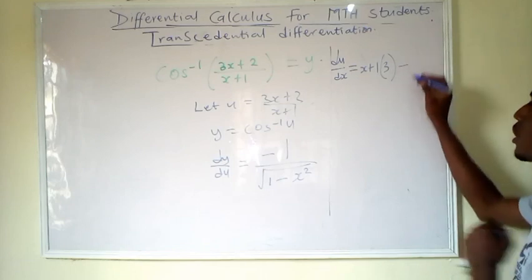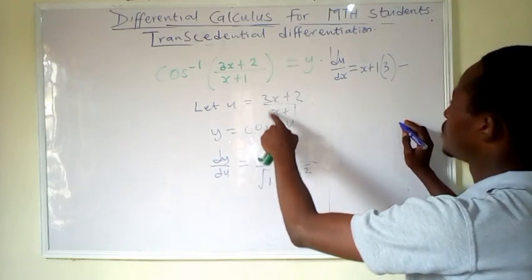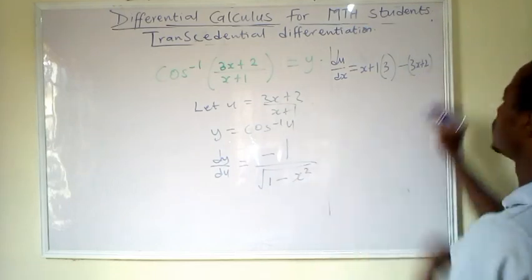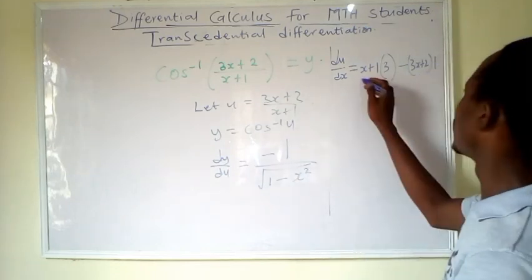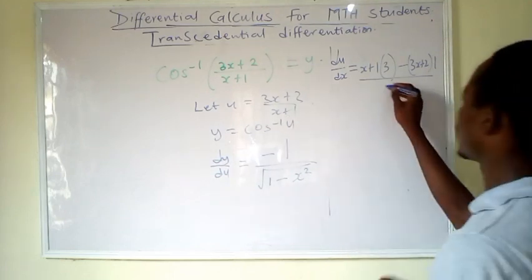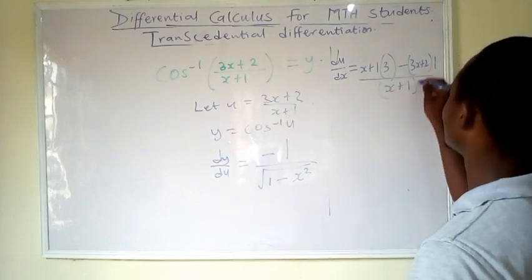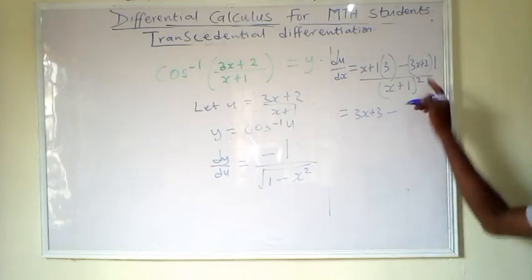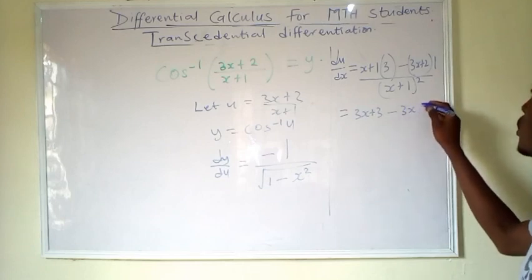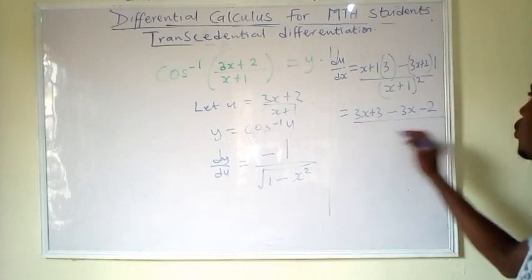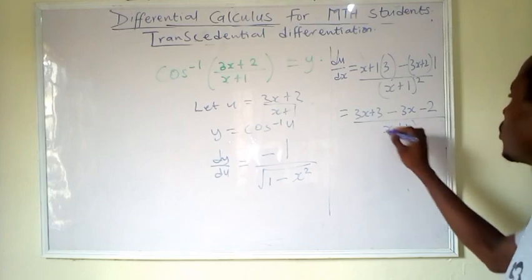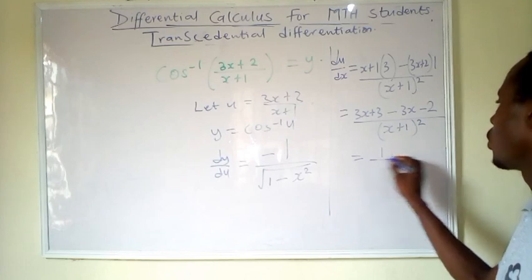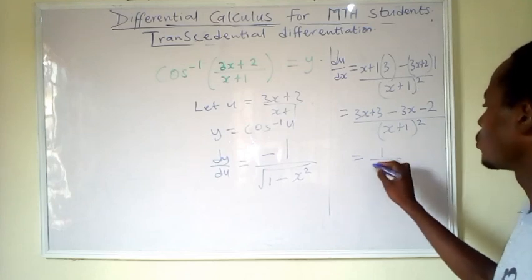Then minus 3x plus 2 in brackets times the derivative of this, that is also 1, all over v squared, that is x plus 1 all squared. 3x plus 3 minus 3x minus 2 all over x plus 1 all squared. And this minus this gives 1, so I'm going to have 1 all over x plus 1 all squared.